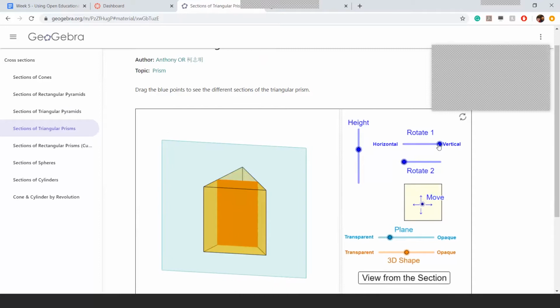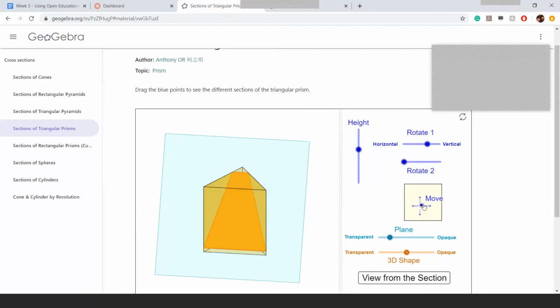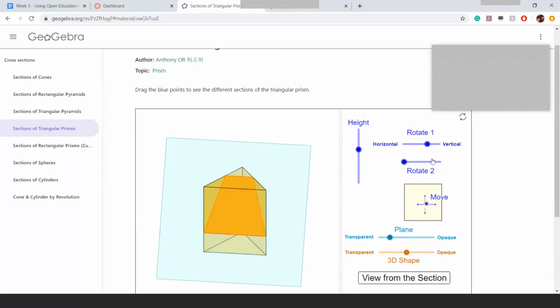Now, diagonally, I assume isosceles trapezoid. And it looks like that is the case. Look how it bends upward. So again, you may not have it be the same length every time, but you will always have an isosceles trapezoid of some sort until you hit that vertex right there.